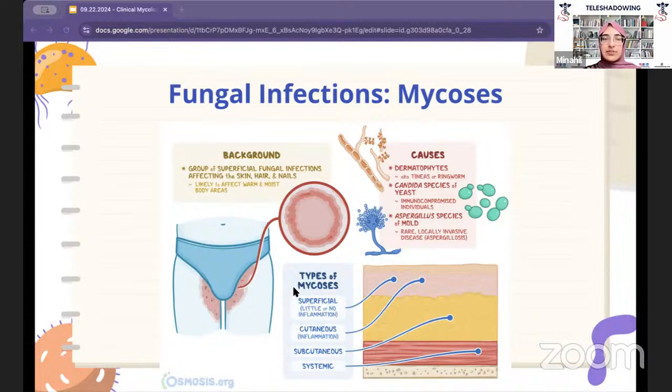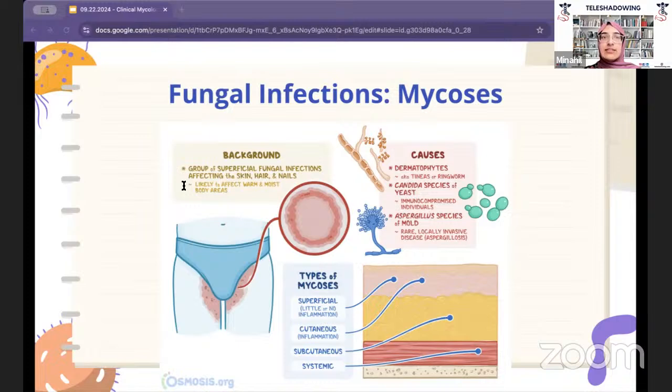You can see here on this graphic by osmosis.org, which is another really good resource that med students use to understand some things in colorful, animated form. The types of mycosis: there's a superficial mycosis, a cutaneous mycosis, subcutaneous, also systemic. But for our purposes, I'm just going to focus on superficial mycoses versus systemic mycoses.